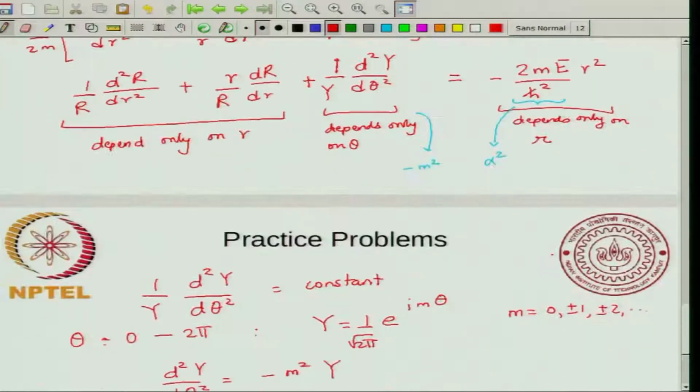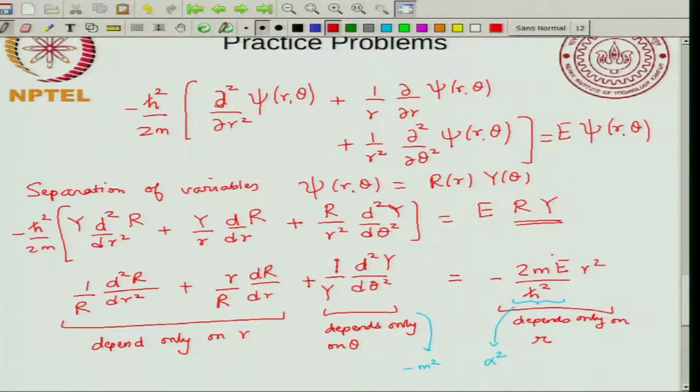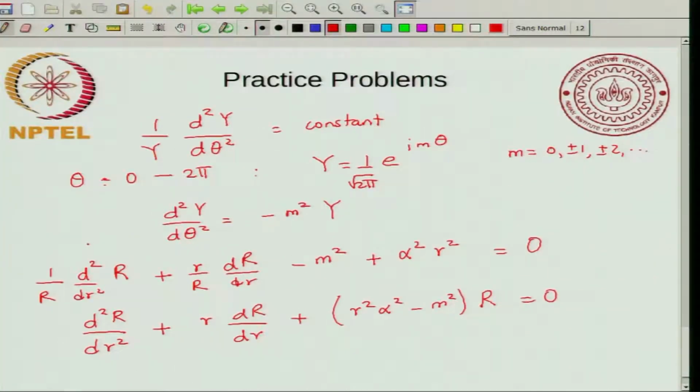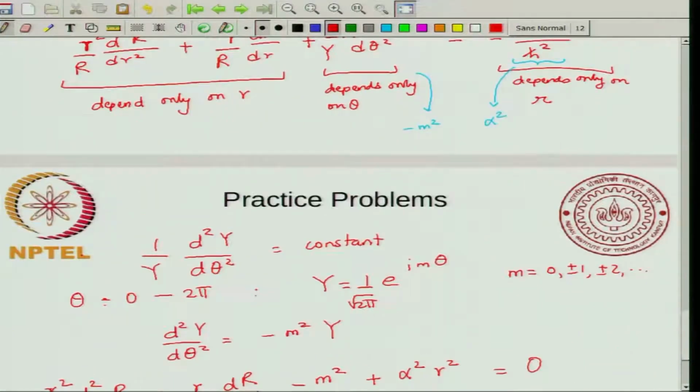Let me just check once again, to make sure I got all the factors. When I multiply by r square, there should be an r square here, and you have this r square here. So just to say it again, when I multiplied out by r square, I should have an r square here, but I had forgotten to write that.